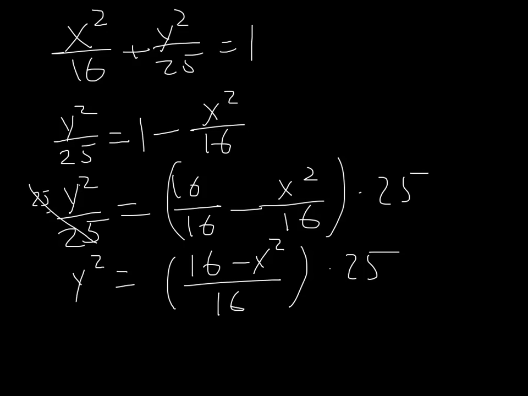Factor out the 1 over 16, so y squared equals 25 over 16 times (16 minus x squared). Perfect. Next slide.